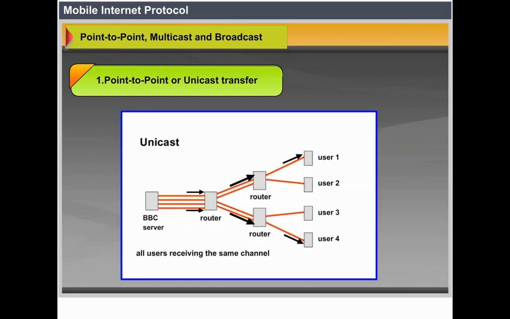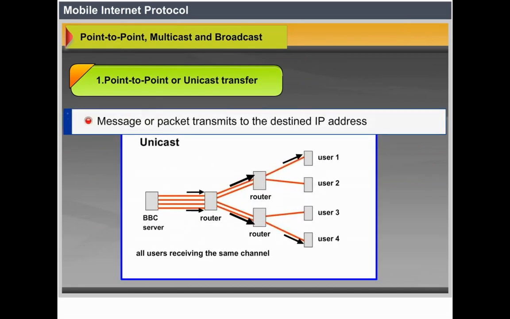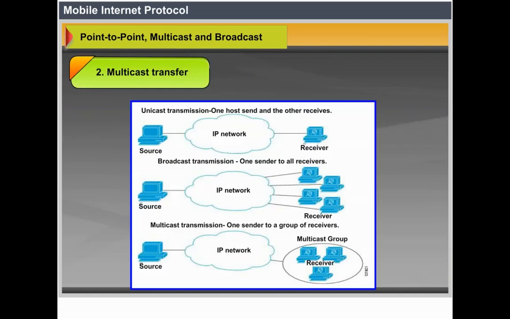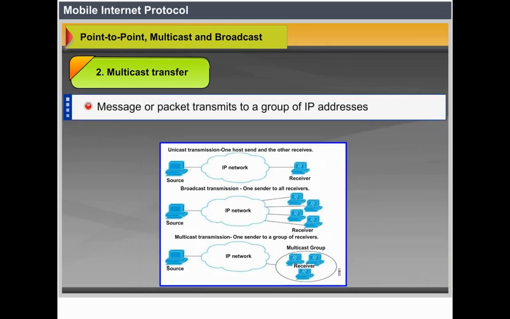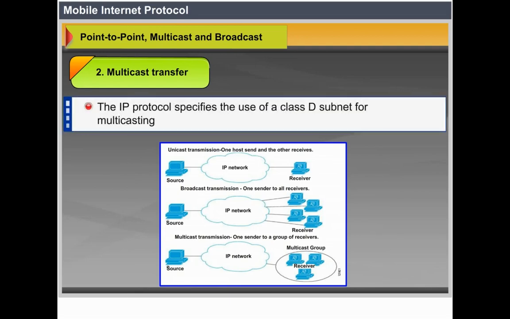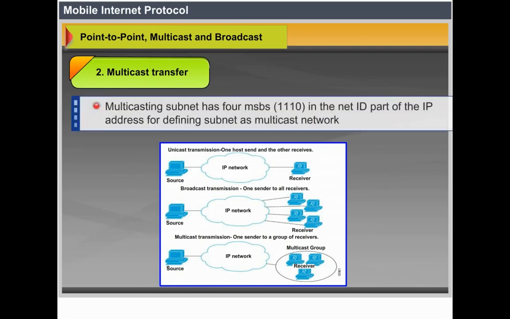Point-to-point or unicast transfer: message or packet transmits to the destined IP address only. Multicast transfer: message or packet transmits to a group of IP addresses. The IP protocol specifies the use of a Class D subnet for multicasting.